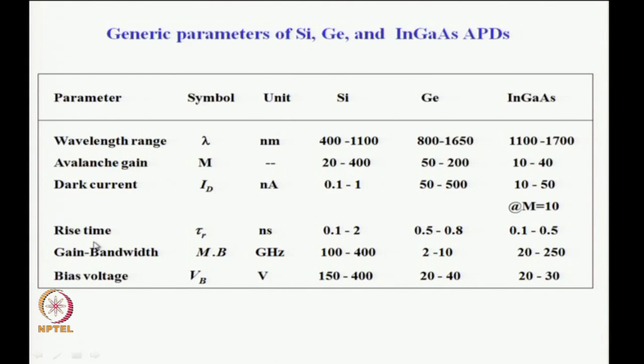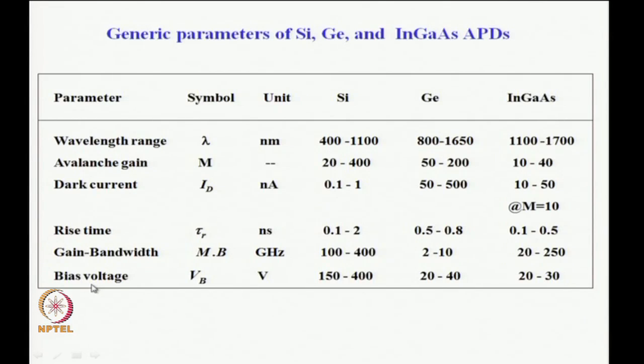The rise times are typically sub-nanosecond, a fraction of a nanosecond here, and the gain bandwidth is again similar, hundreds of megahertz to a few gigahertz, and one can have detectors with very large bandwidth.